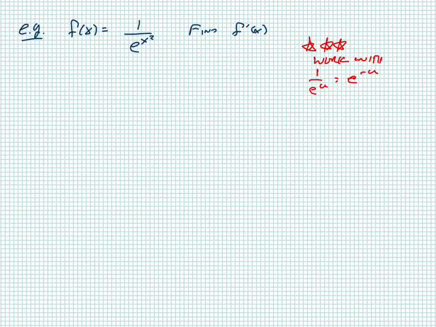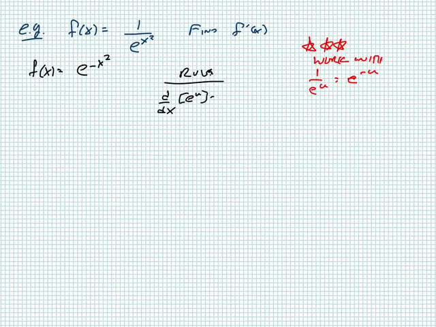And so I've got f of x is equal to e to the minus x squared. And then the rule that I want to use, remember, is that the derivative of e to the u is equal to u prime times e to the u. In this case, I'm going to let u be equal to minus x squared. So be careful here, because this is e to the u, and that minus sign is in the u.